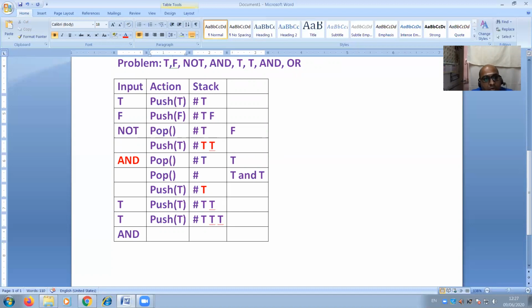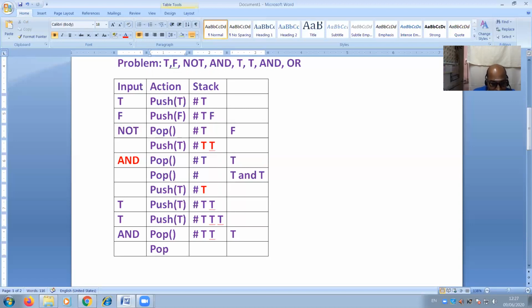Can anyone remember what is the operation that has to be done? Yes, that is, I have to issue two pops and then evaluate and then push the result. So on issuing the pop, the topmost true is taken off.